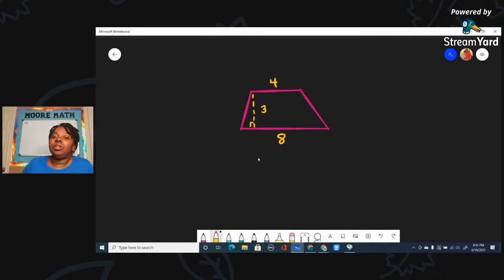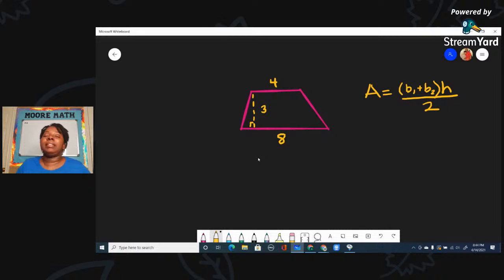Okay, so the formula is base 1 plus base 2 times the height, or you can put the height first, divided by 2. So what is base 1? Here's our first base.